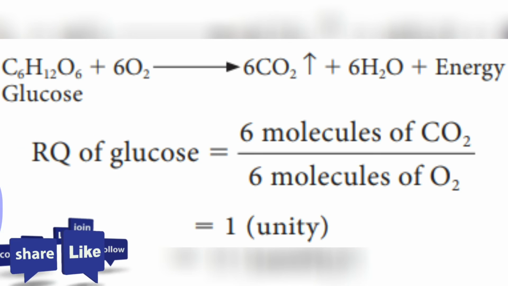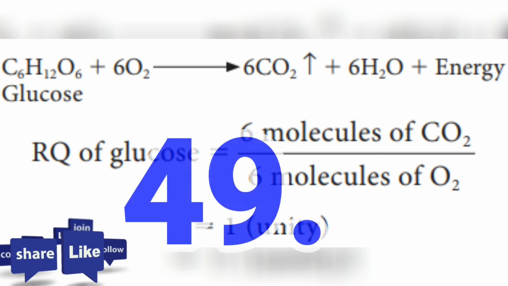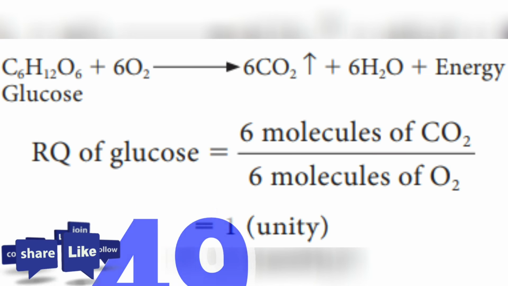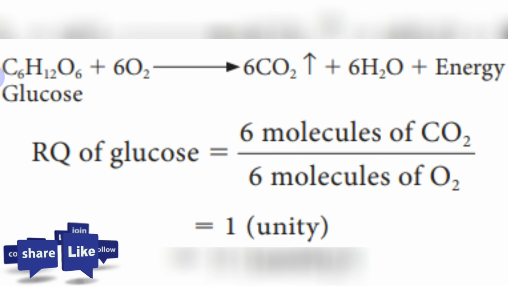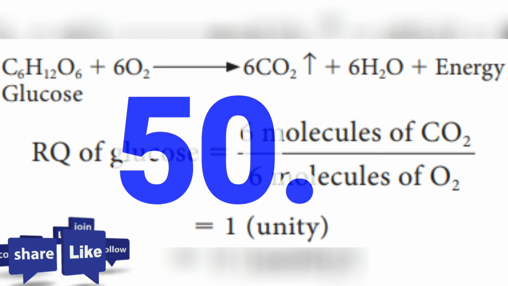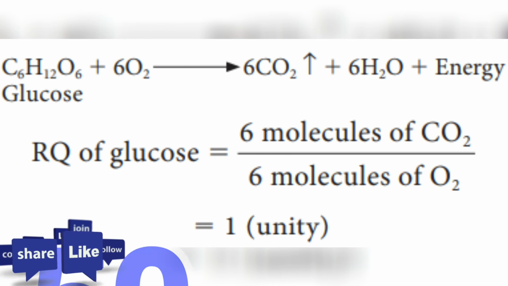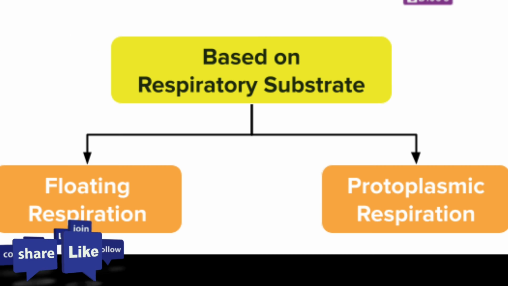Respiratory quotient has its own formula: respiratory quotient is equal to carbon dioxide evolved upon oxygen consumed. Or we can find the respiratory quotient by dividing the carbon dioxide evolved by the oxygen consumed.